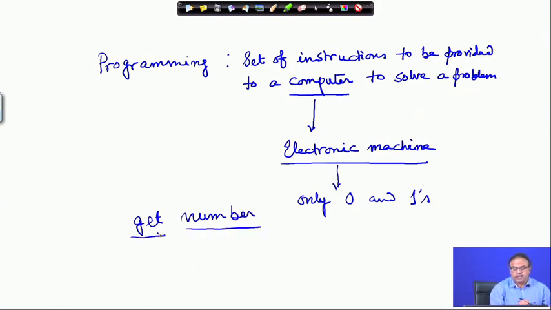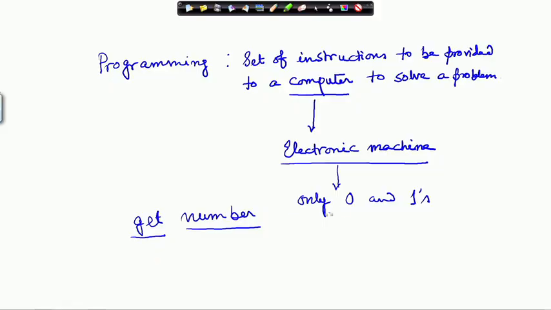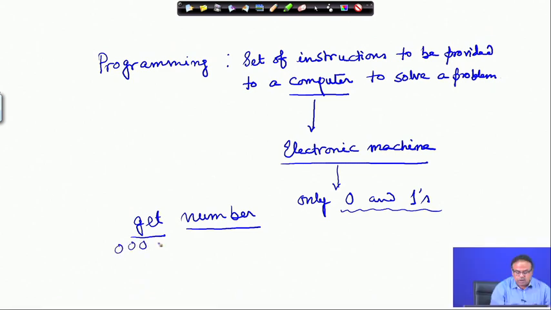Okay. So, whatever I say, get number. Each of these, get and number, is one simple instruction, and all of you can understand this, but for a computer I will have to somehow write it in the form of some zeros and ones. So, maybe something like this 0 0 0 1 1 1 0 0.